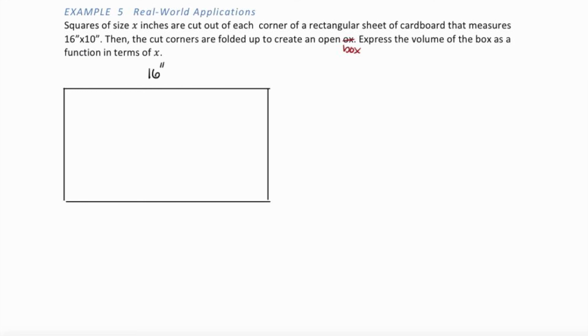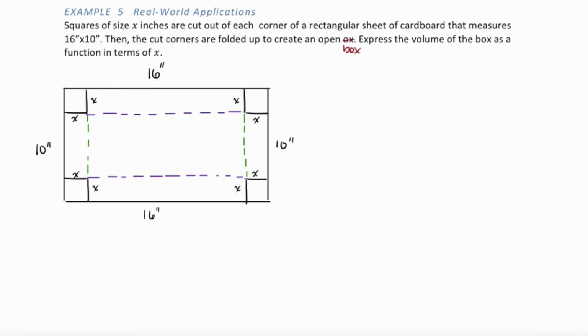This here is 16 inches, so this must be 16 inches. Here is 10 inches, so this must be 10 inches. And we're going to cut out corners that measure x by x. So both of these measure x by x. So that is what our box looks like with the cut corners. What do I have in terms of measurements now? So what does this segment here measure? And what does this segment here measure?